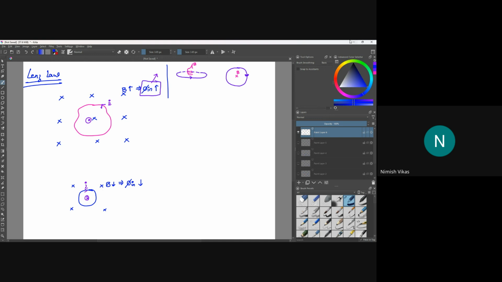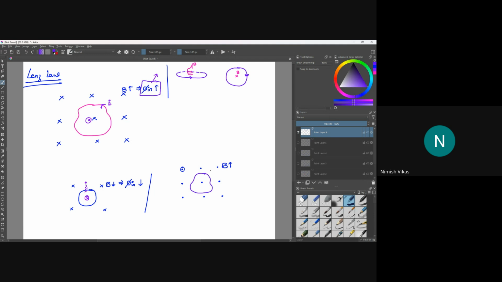Okay, so next example, let's take a magnetic field that is out of the plane like this. Let me just draw it here. So that's the magnetic field. It's going outwards, and its value is increasing, let's say. And then in between, we have a loop like this.